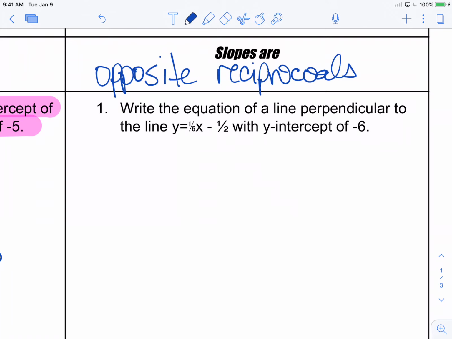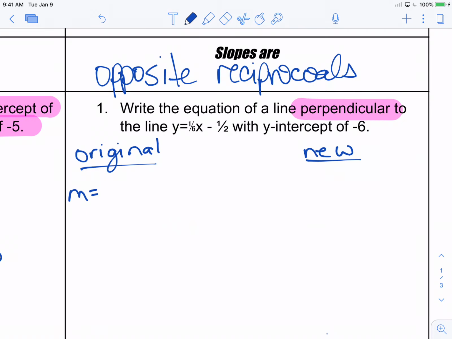Write the equation of a line perpendicular to the line y equals 1/6x minus 1/2 with a y-intercept of -6. I'm going to make kind of a table here. This is my original. This is my new. My original slope is 1/6. That means my new slope is going to be -6/1, which just is -6.